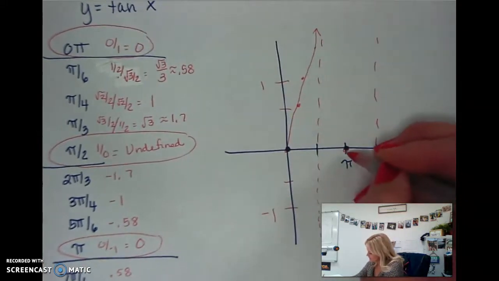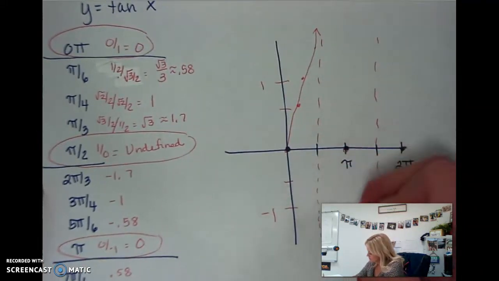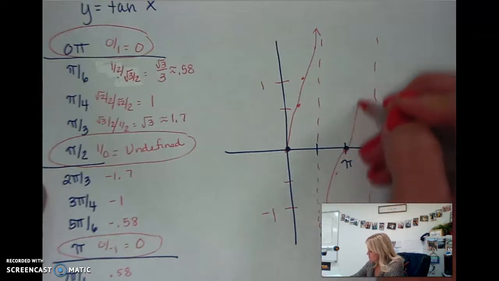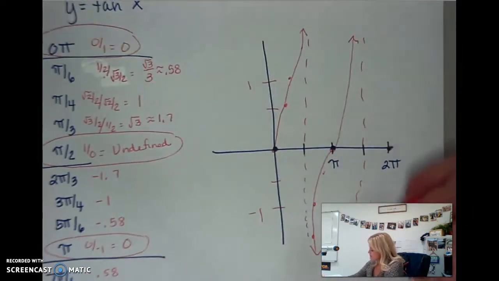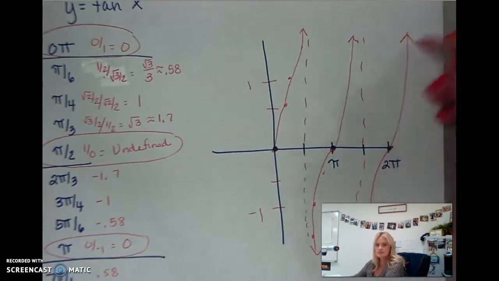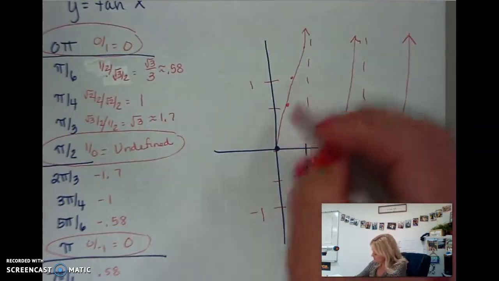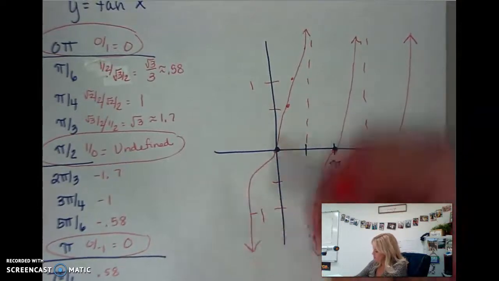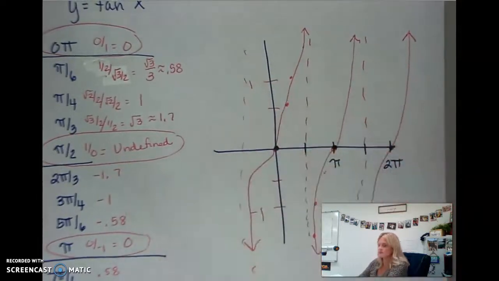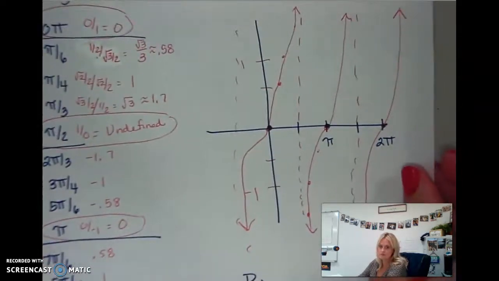And then if I keep going at 2/3 pi, I'm way down here again at negative, and it twists and turns, and then it goes to this asymptote. Maybe try it on Desmos or on your graphing calculator, but what it does is it twists and turns, and it has all these asymptotes over and over again.